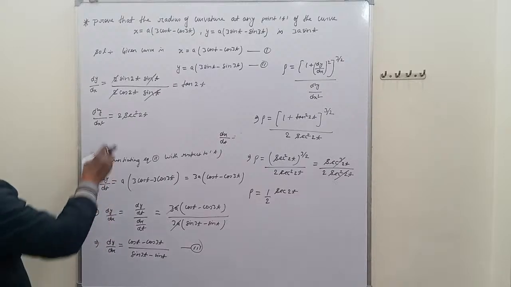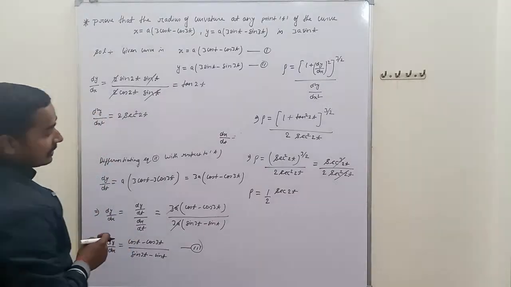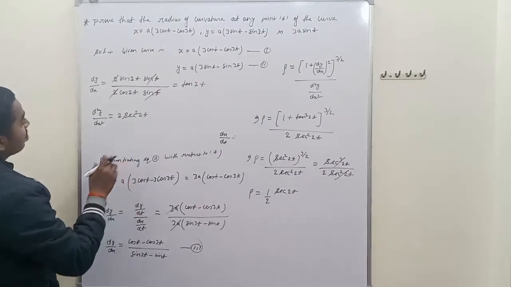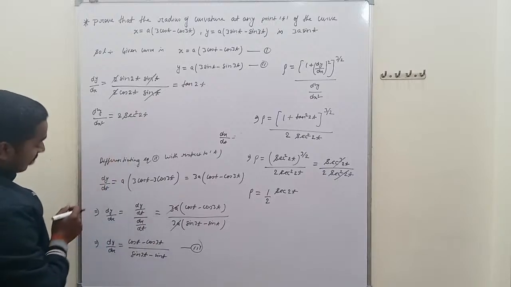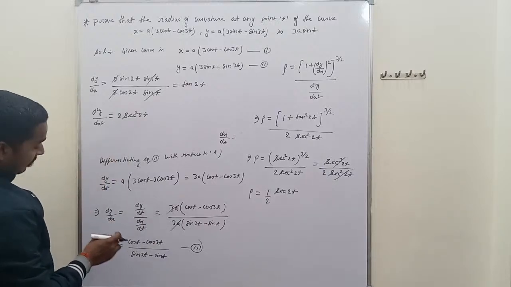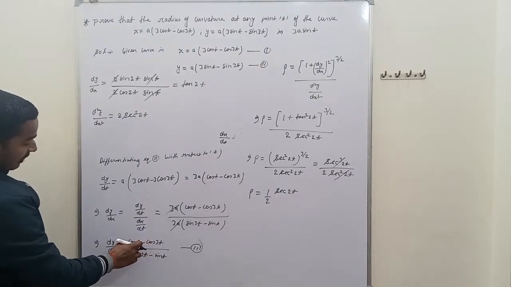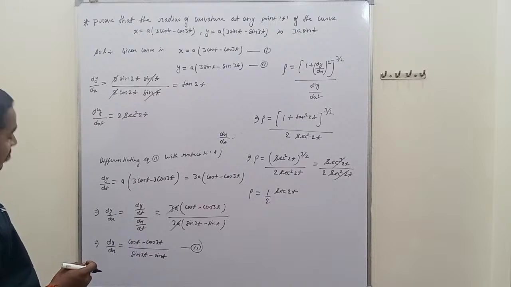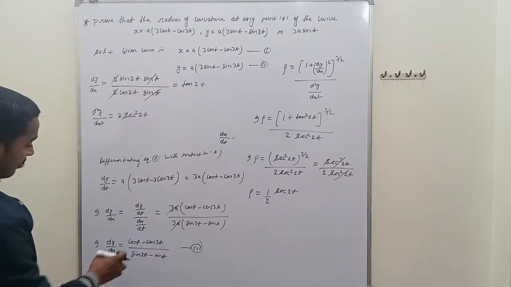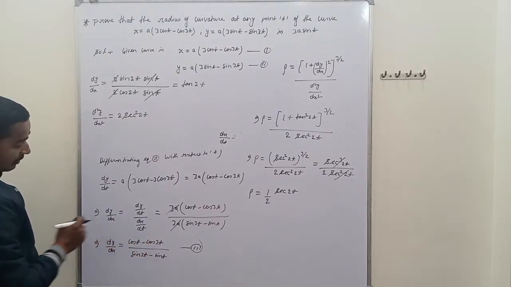From here we have to put the value of cos c minus cos t, which is given by 2 sin((c plus d)/2) sin((d minus c)/2), and this is given by 3t minus t.